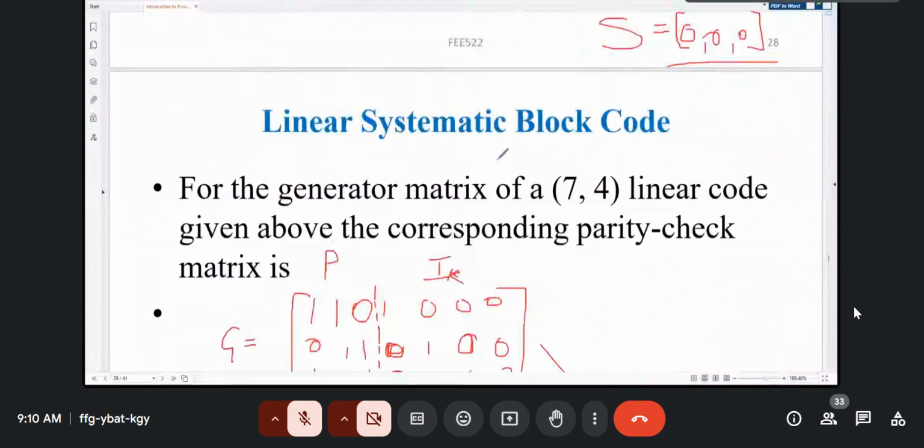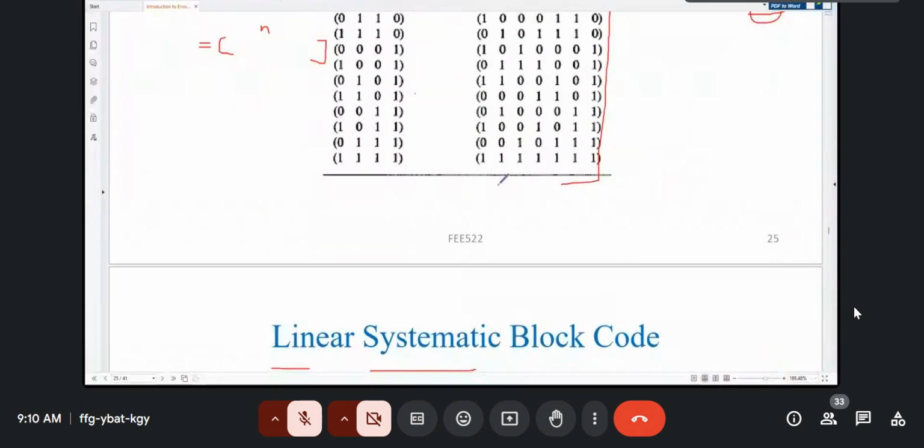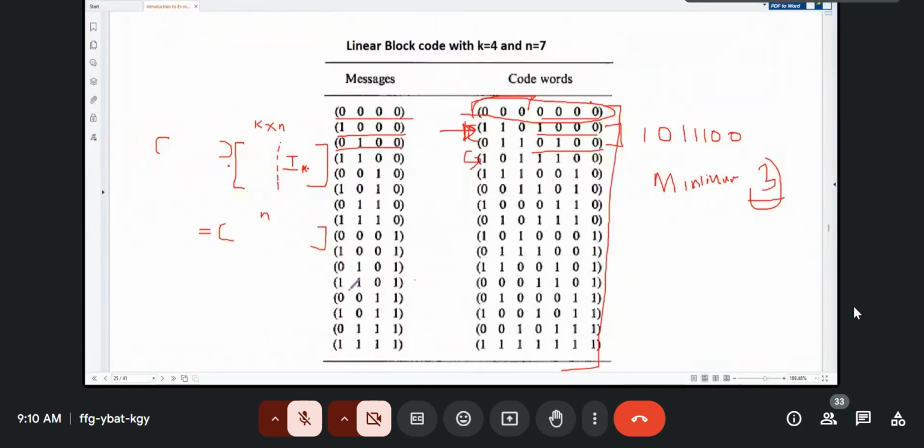Of course, in this case, it is the other way around. Let's see where 1100 is. It is here, 1100.